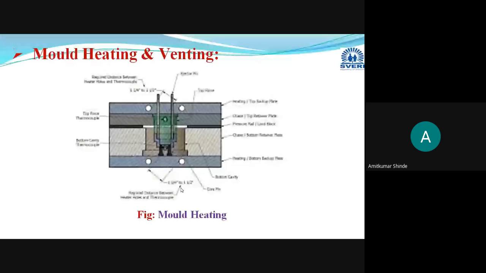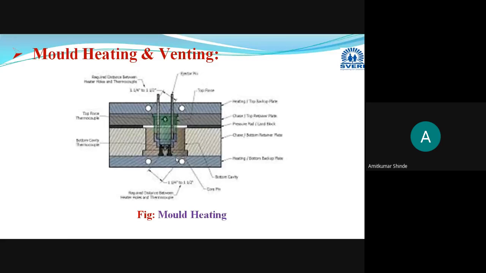The ideal distance you have to maintain is in the range of 1.25 inch to 1.5 inches. This is related to mold heating in the case of compression mold and transfer mold. So these are some points related to the mold heating.